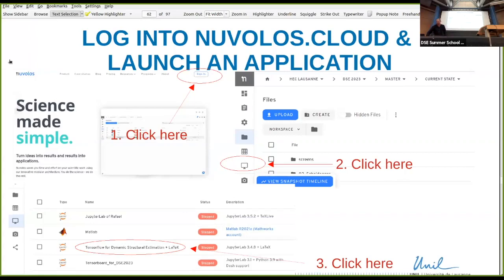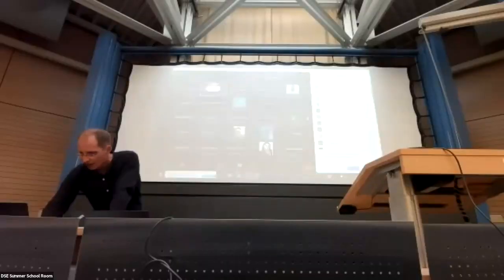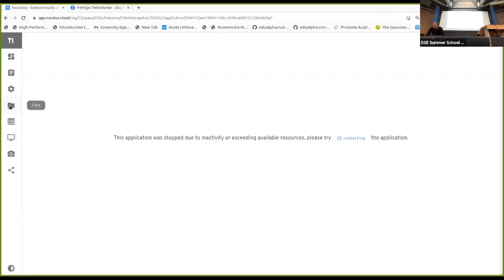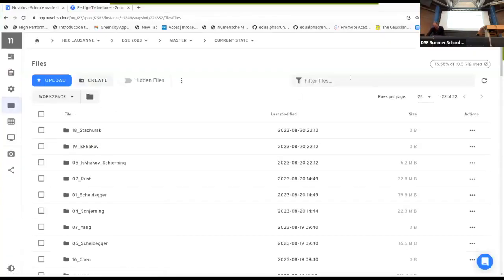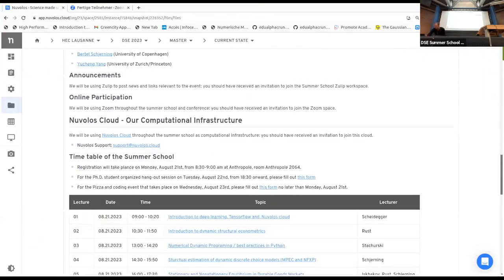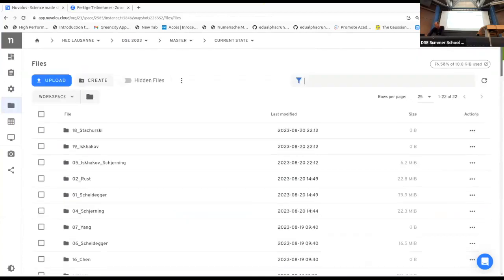I need to change the screen. Share screen. When you log into this, you see something like that. It's hooked up to the repository.